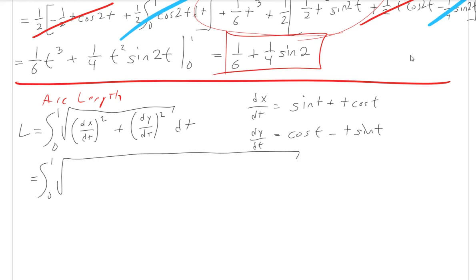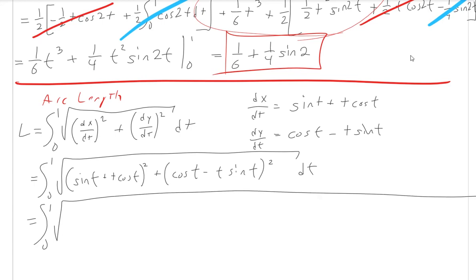Means we have a lot of squaring here. So we have the integral of sine of t plus t cosine t quantity squared plus cosine of t minus t sine of t quantity squared dt. Like most that involve trig, this is going to expand a lot and then it's going to contract very quickly.